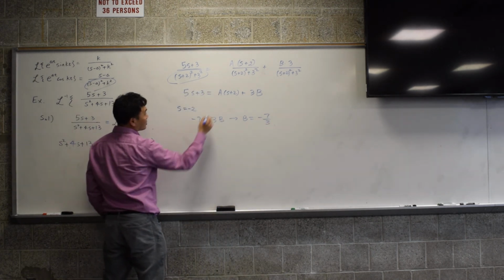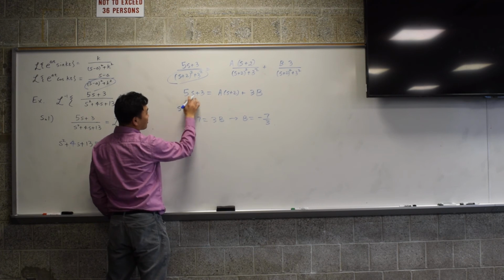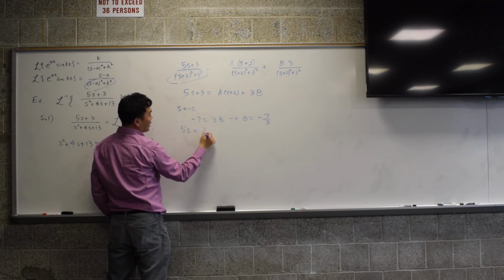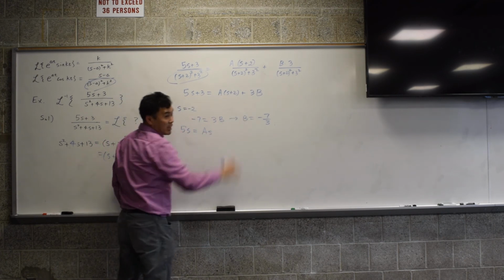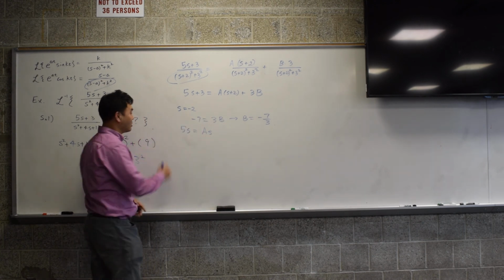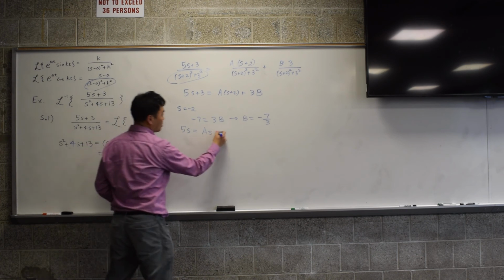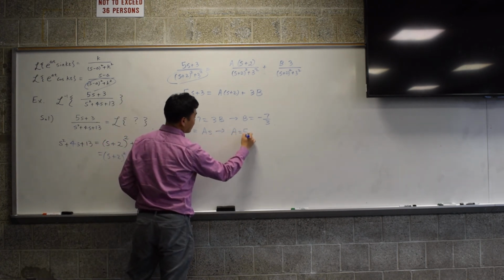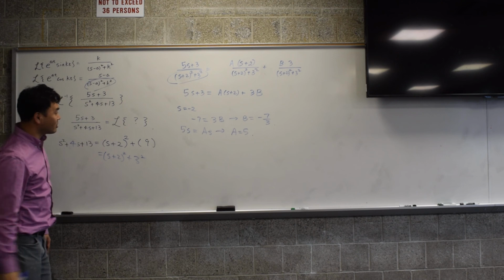And then if you compare the highest order term, 5s has to be as, right? On the right side, the only s term is a times s. Right? So as and 5s gives you that a must be 5. And you're almost done. Now what do you know?